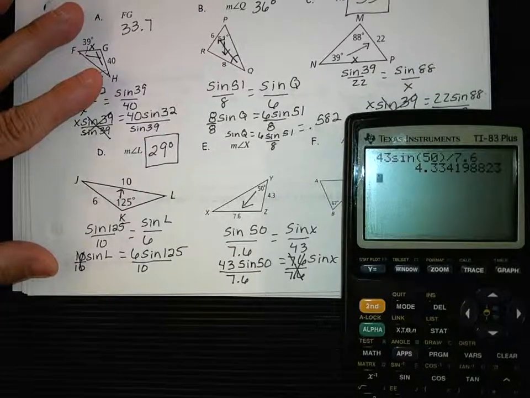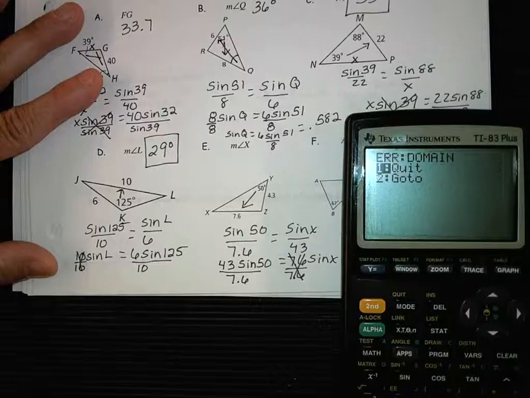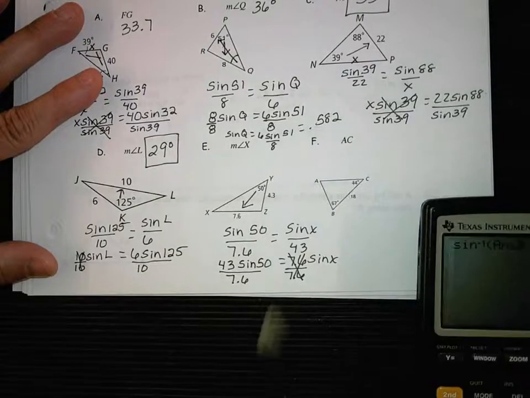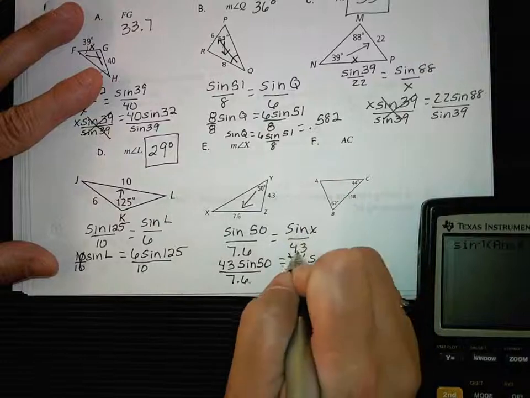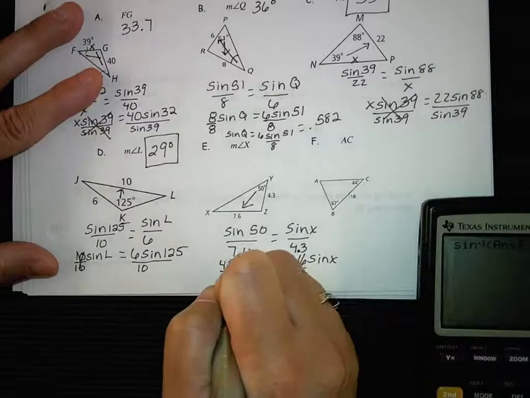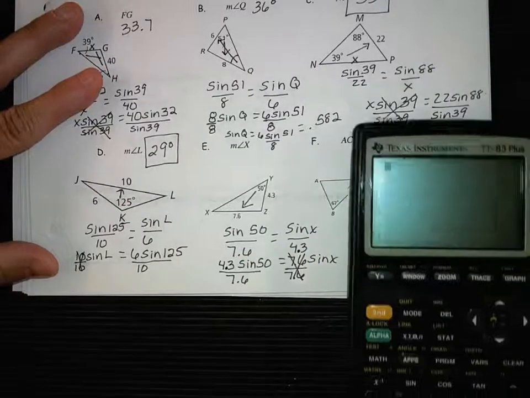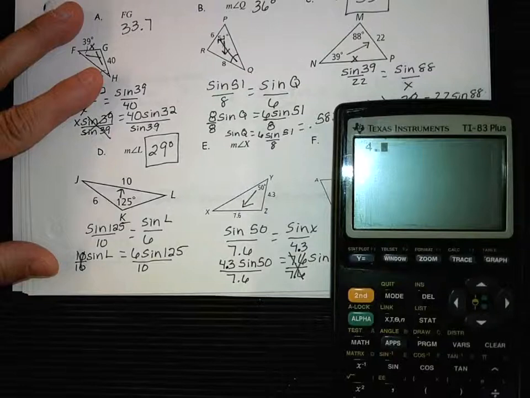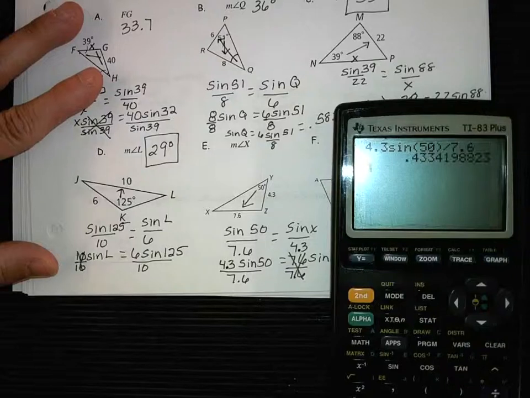Alright, something's wrong there. And if we do second sine, second answer, yeah, I've got somewhere I have an answer or a mistake. Oh, this isn't 43, this is 4.3. Sorry about that. Let's try that. 4.3 sine of 50 divided by 7.6 is 0.433.